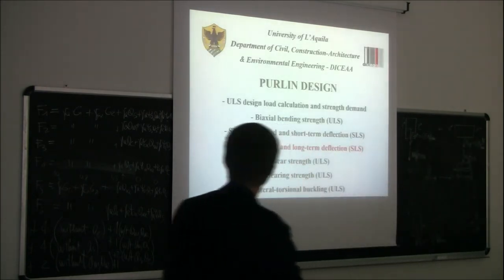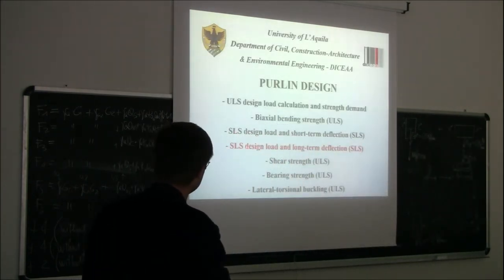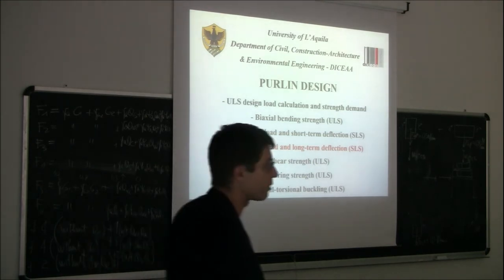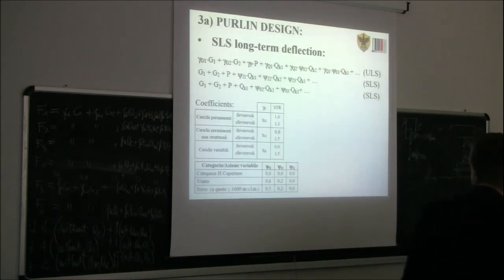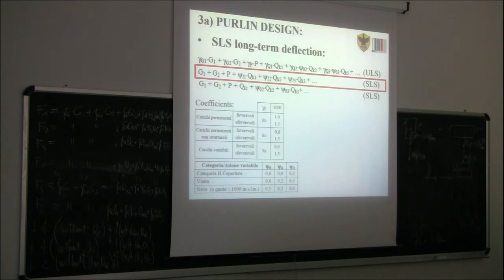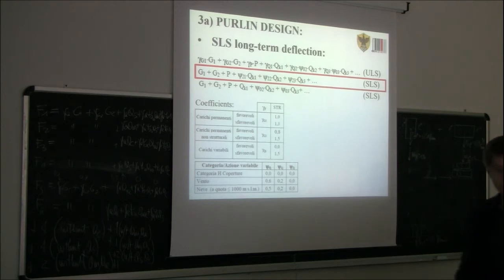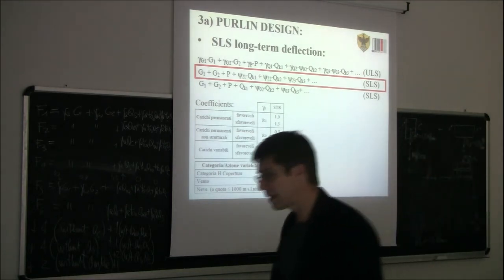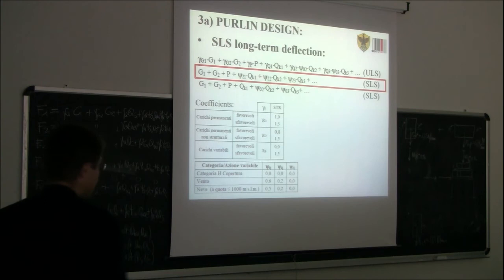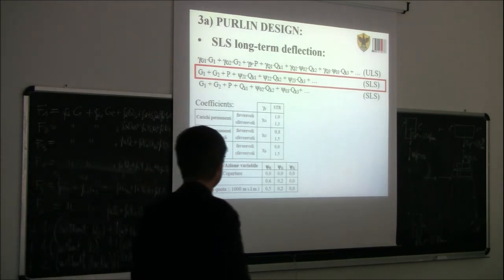Good. Now we need to repeat the same thing more or less for long-term deflection to take into account also the creep. So in this case, if you remember, when we calculate the final deflection, we need to get it as a sum between the instantaneous deflection due to the frequent load condition and the creep deflection due to the quasi-permanent load condition.